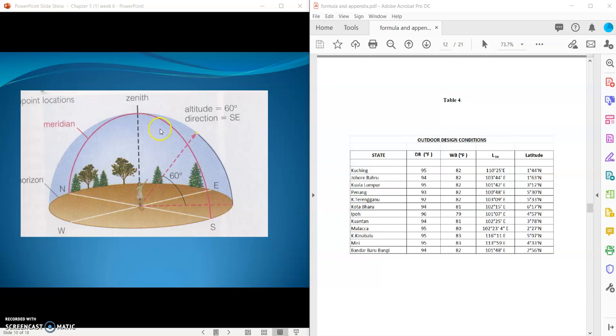Just bear in mind some of the terminology. For example, this is the horizon and the altitude direction. This is the altitude direction for southeast here to the right, and the zenith is the sun straight to the top of people, and then the north here, west here, south here, east here.